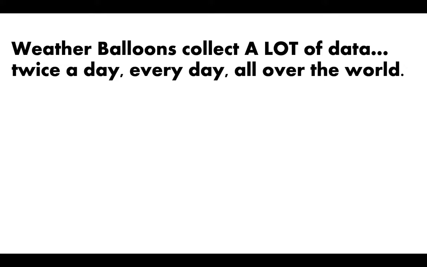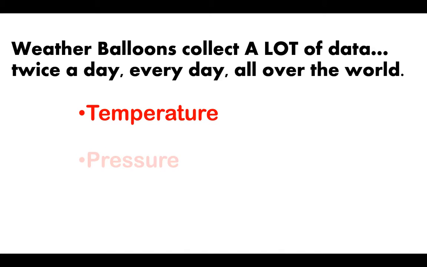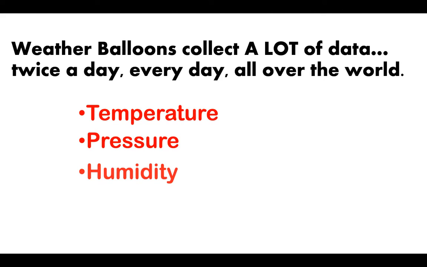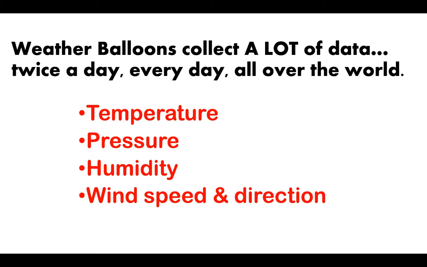All right, so weather balloons, as you can tell, collect a lot of data, and they are launched twice a day, every day, all over the world. The data that a radiosonde collects includes temperature, pressure, humidity, as well as wind speed and direction.